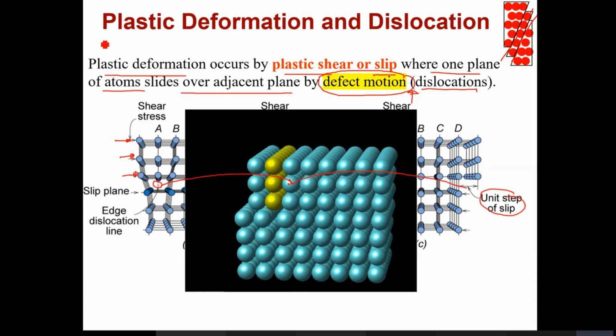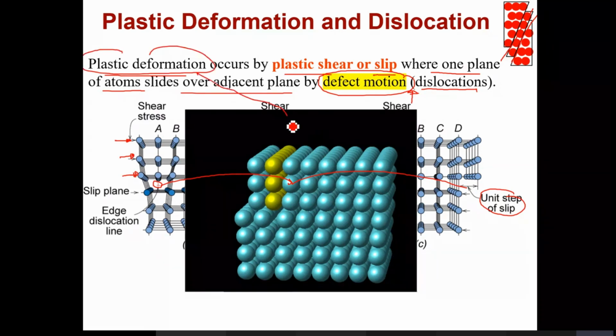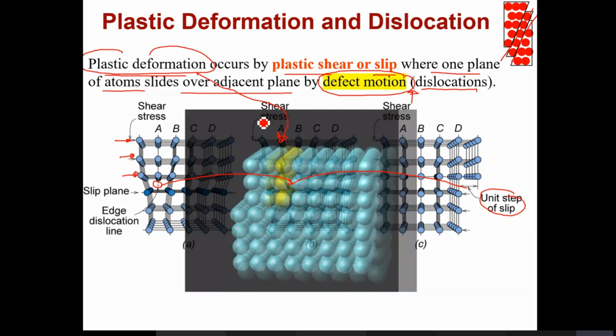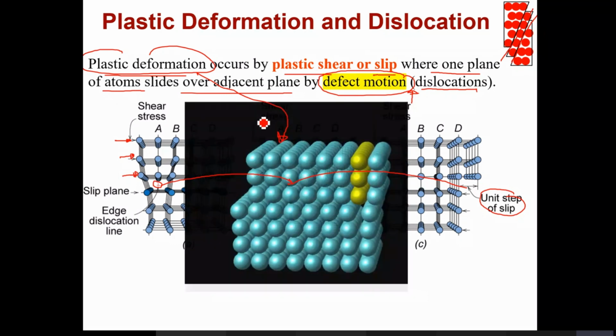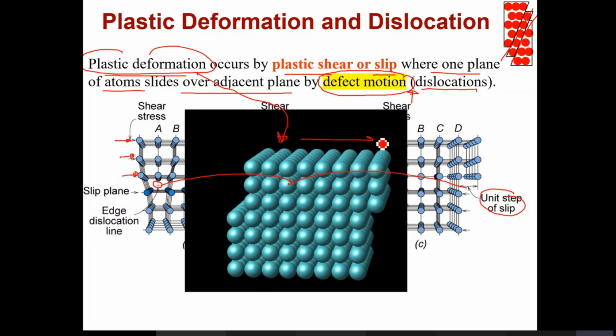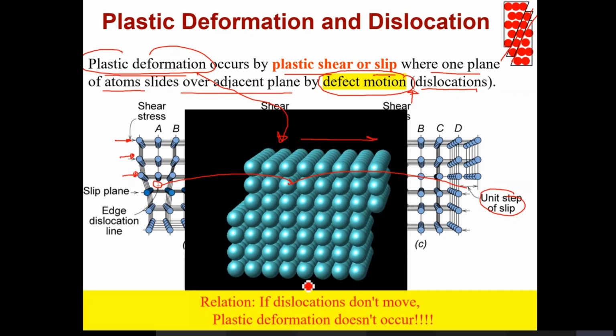In other words, if you want to have plastic deformation or permanent deformation, there is a need of defect, number one, and due to the effect of shear stress, there is a need that this defect should move. So the movement of defect basically causes the plastic deformation.